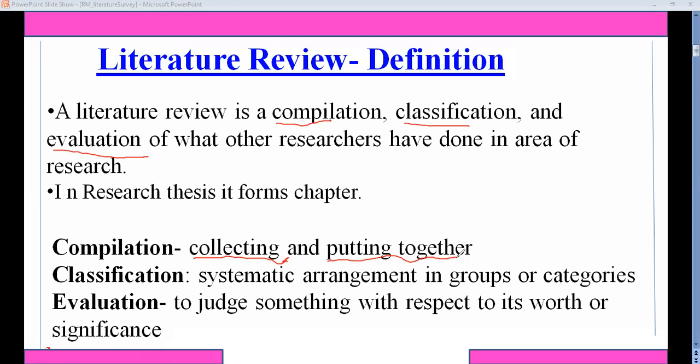Then comes the evaluation. Literature review also involves a very important step, that is evaluation. You have to evaluate what they have done, how they have done.